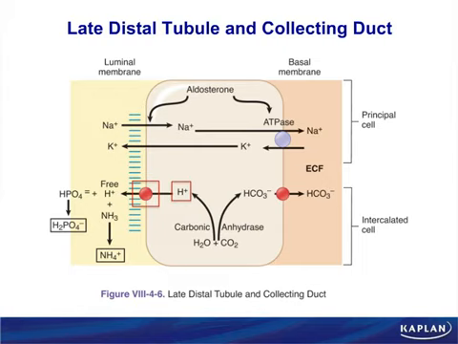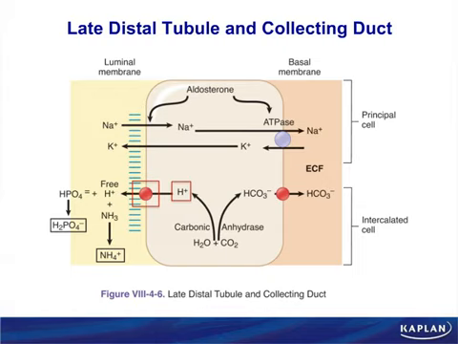Aldosterone will increase secretion of potassium, leading to hypokalemia, and aldosterone will increase secretion of protons, leading to metabolic alkalosis. So high aldosterone states can lead to volume retention, hypokalemia, and metabolic alkalosis. And that's an important concept. So that's what you could see with high aldosterone states.